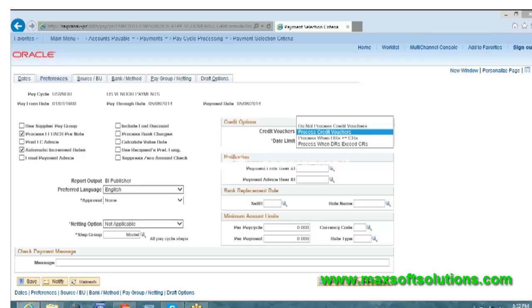Then immediately we will go and see the balance of the vendor or supplier. Then we will check what condition we have configured under this particular pay cycle. Depending upon the pay cycle condition, you will give the solution to the end users.